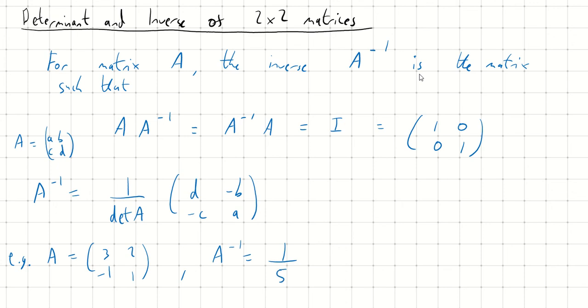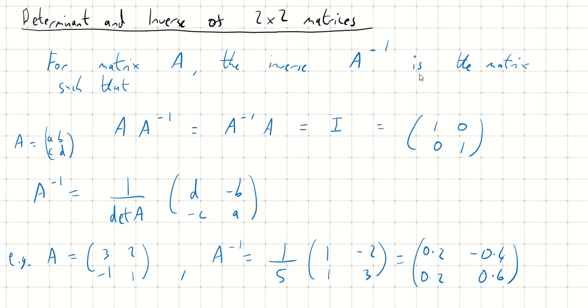So this is 1 over 5, and then we swap this 3, 1 diagonal, so it becomes 1, 3, and we negate the other diagonal, it becomes minus 2 plus 1. Okay, and we can multiply through by a fifth if we want. We get 0.2, 0.2 here. This is minus 0.4, and this is 0.6. And this is A to the minus 1. We just plug numbers into our formula.